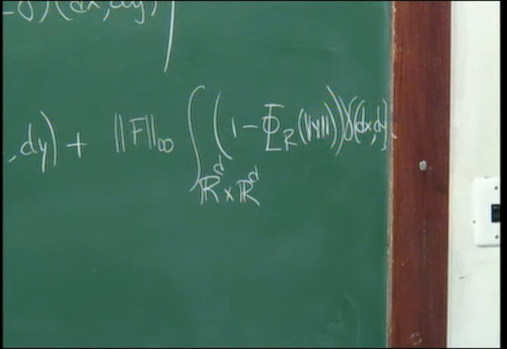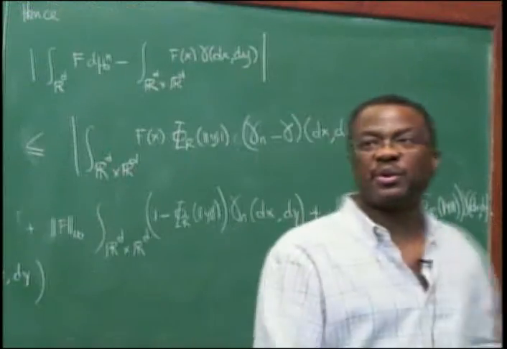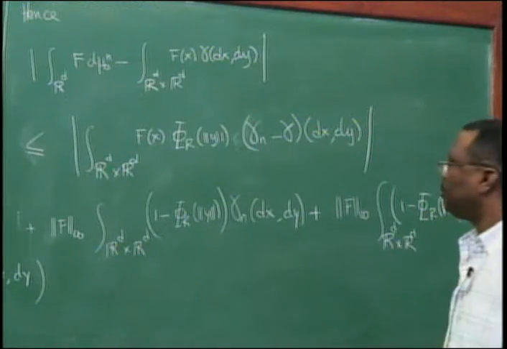Now here we have a function of compact support in both variables. This will go to 0.